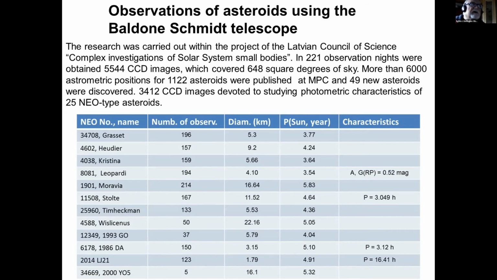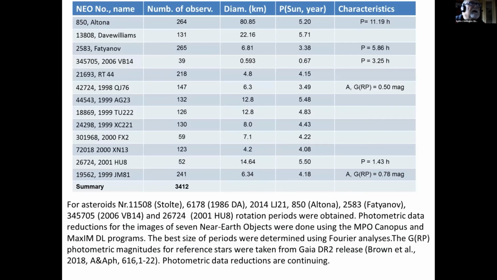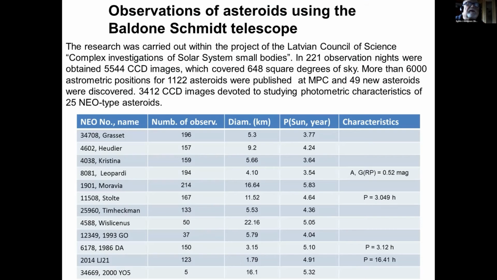And here we have the table with these asteroids, which is continuously updated, and now we continue the photometric data reductions, but for 7 of the asteroids we can obtain the periods, as we can see here.